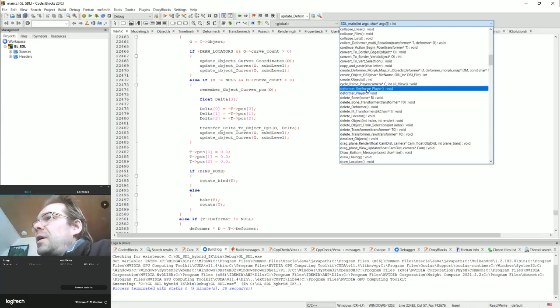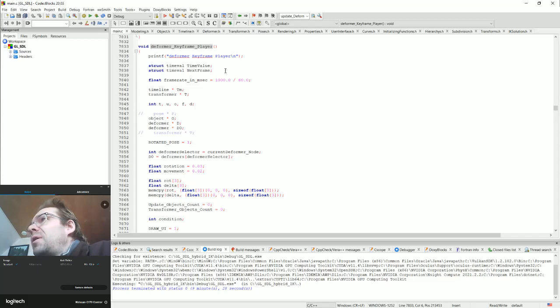But the deformer keyframe player plays every deformer with keyframes that you have created on the timeline, and also morph keyframes. Let's check out this deformer keyframe player.